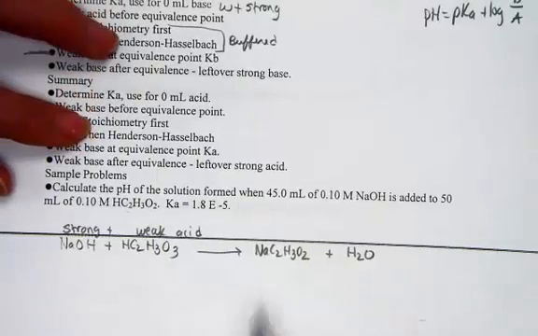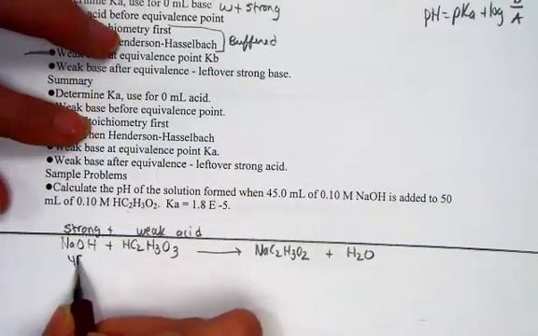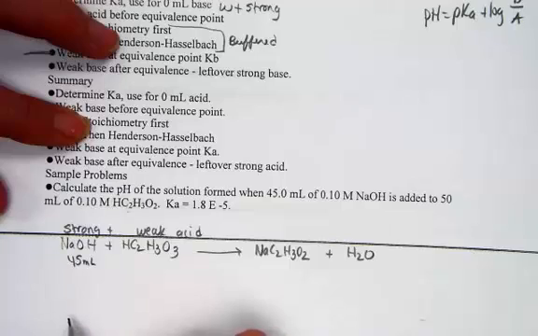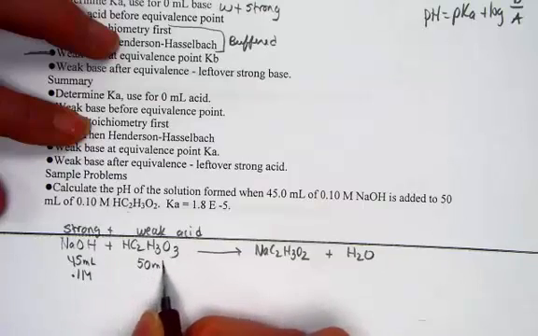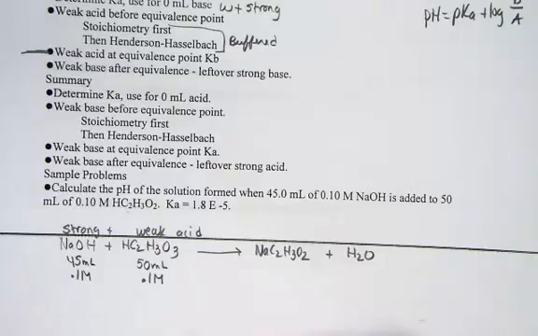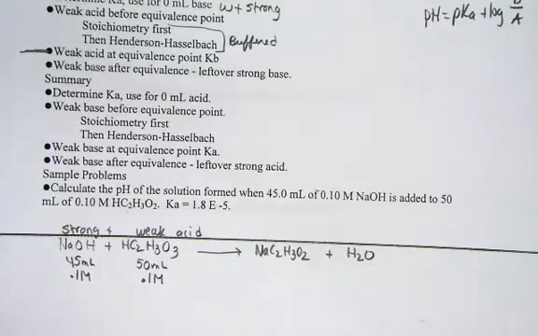We are being told to place in 45 mLs of the base with 0.1 molar solution. We are going to place that in with 50 mLs of the acid, and it is also 0.1 molar in concentration. What would the pH be at this particular moment in time, a snapshot of this particular titration?